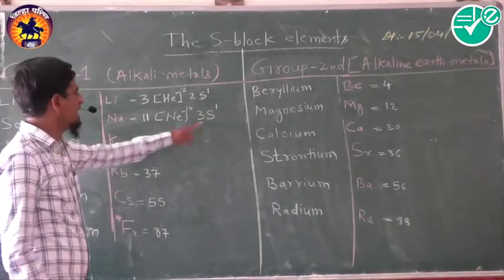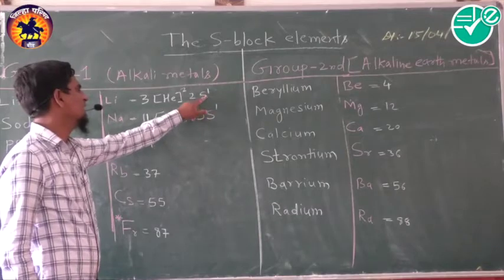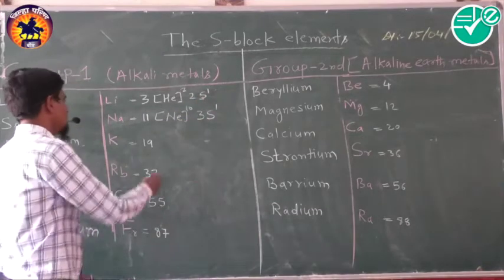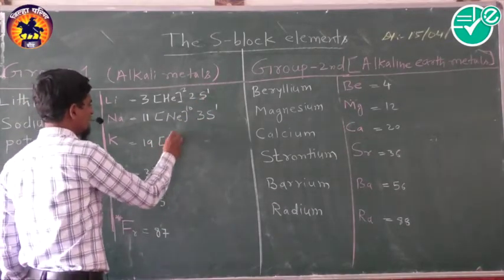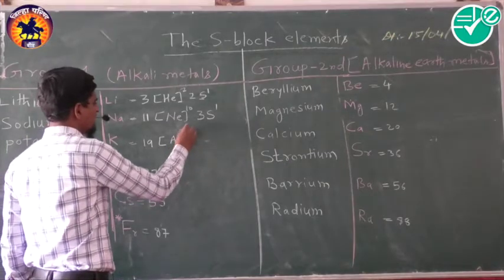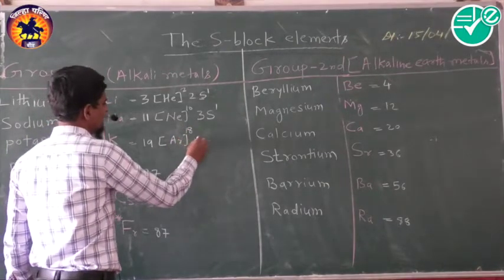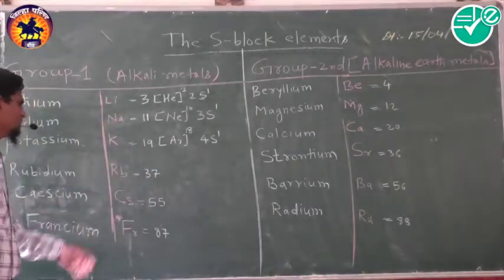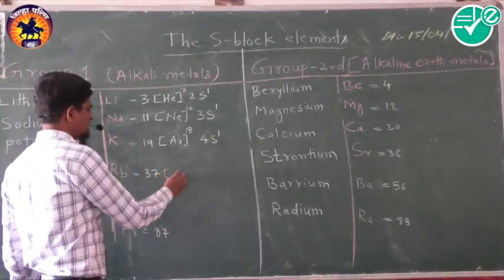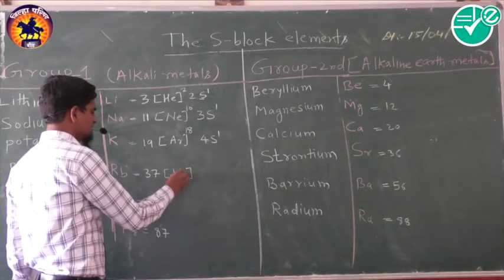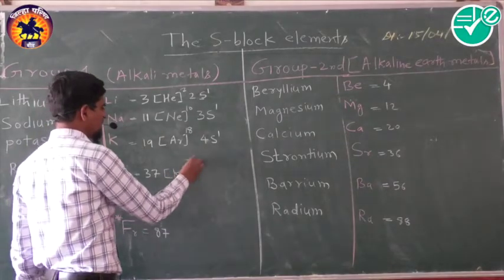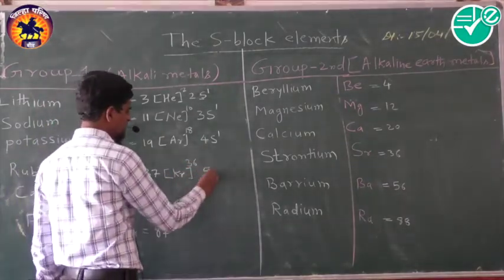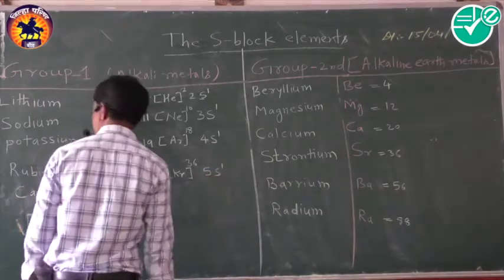What happened? The last electron enters the s orbital. Argon, Ar, it is 4s1. For rubidium, the noble gas is Kr, atomic number 36. It is 5s1.